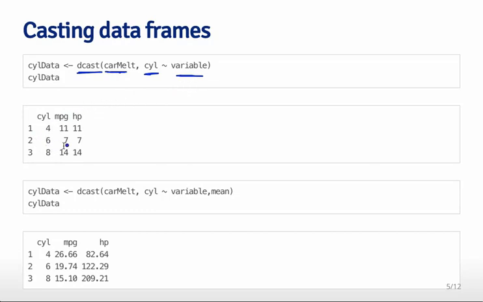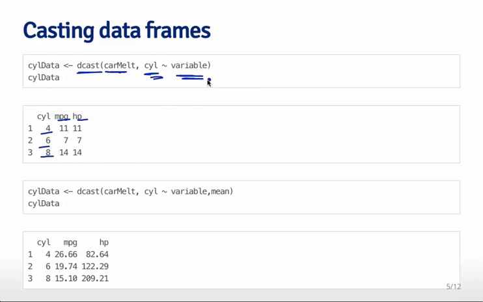What this will do is put the different values on the left-hand side in the rows, and put the values on the right-hand side in the columns. So on the right-hand side, it's variable. Remember, for variable, we said it was MPG and HP, so you get that in the two columns here. And then in the rows, we get the different cylinders going down here.